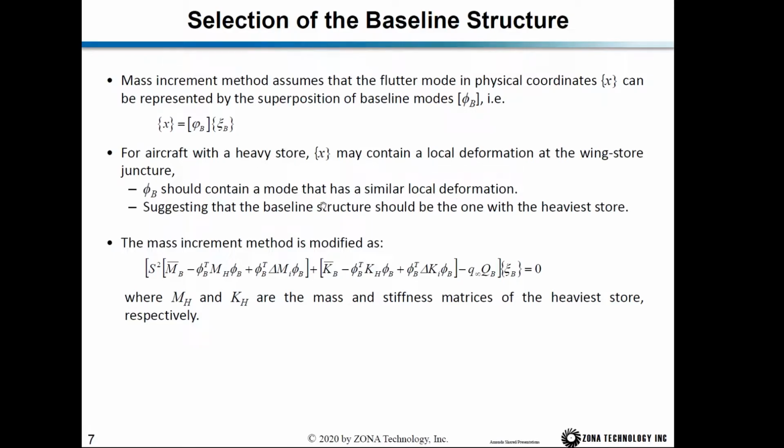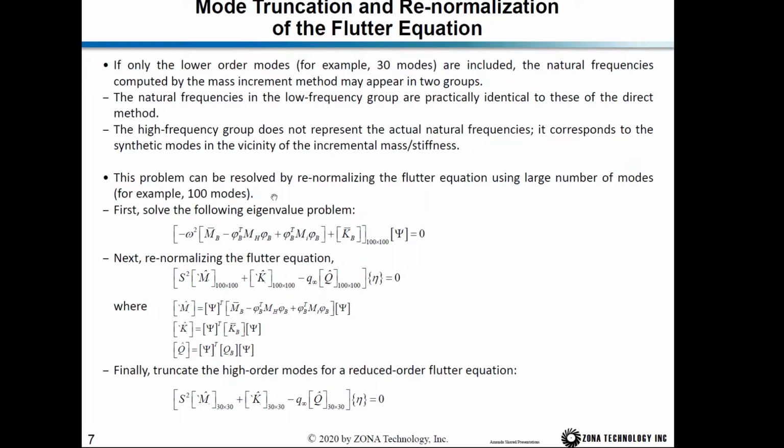This suggests that the baseline structure should be the one with the heaviest store. So this mass increment method actually should be called a mass decrement method. We take out the heaviest store from the generalized mass matrix, then we add the generalized mass matrix of the ith store in here.